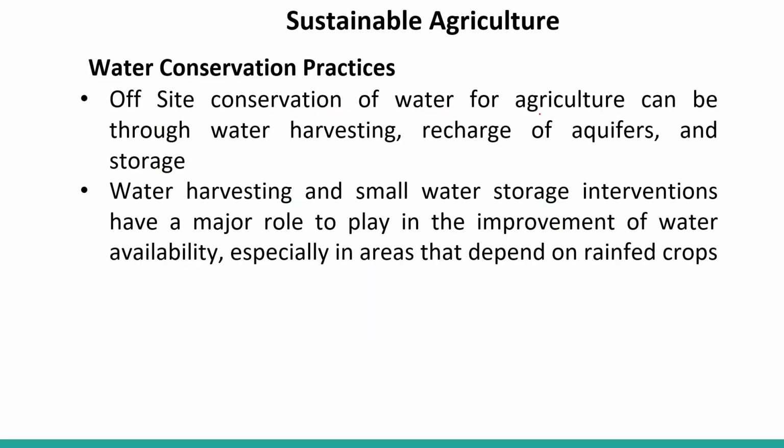On-site conservation of water for agriculture can be through water harvesting, recharge of aquifers and storage. Do not waste the rainwater. We must recharge our aquifers. We must plan or manage in such a way that all the runoff goes to the aquifers and water gets stored, and when there is no rain, that water can be used.